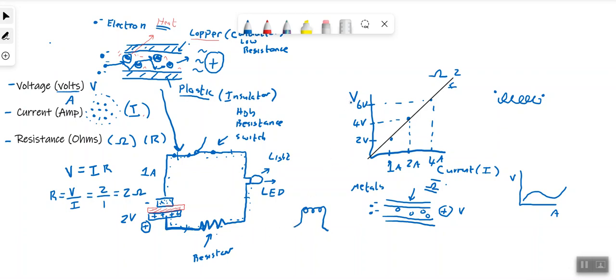The electrons make the material vibrate so much that it gets white hot. It gets so hot that it gives off heat, but it also gives off light, and that's how light bulbs work. So you have a material like tungsten that has a high resistance.